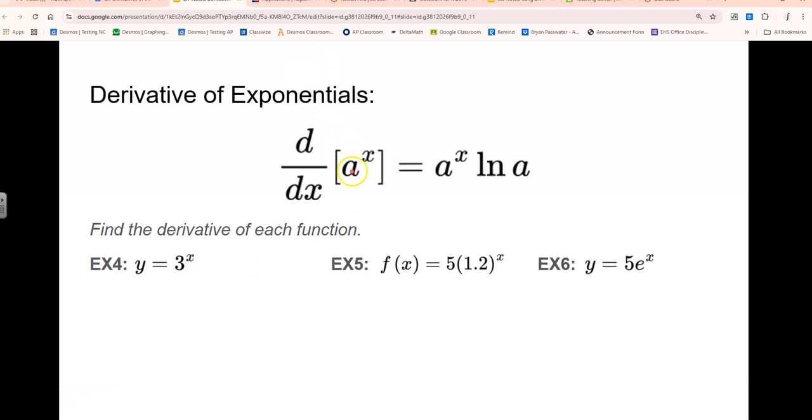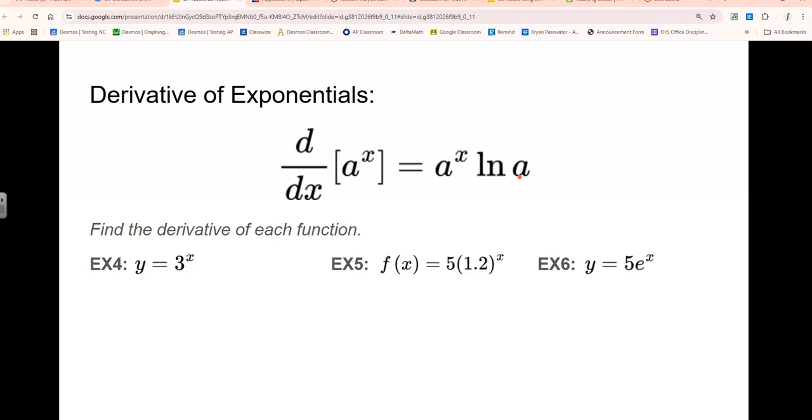So if you have a to the x power, the derivative of a to the x, where a is a number, some sort of constant, doesn't matter what number it is, but it's a number raised to an x power, is itself times the natural log of whatever your base is.